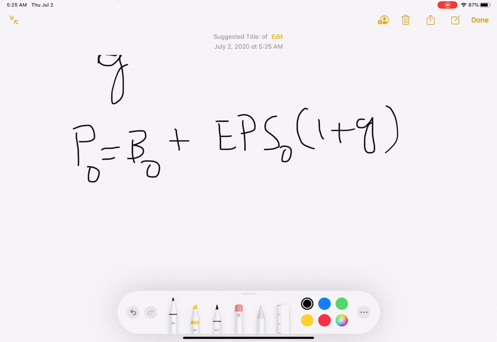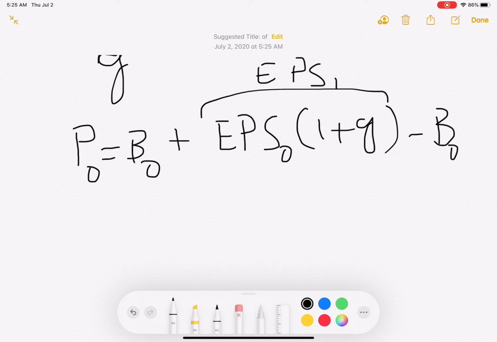So this will obviously give us EPS 1, the earnings per share after one time period, minus the required rate of return during the first period. In fact, this is the required earnings per share during the first period, right?